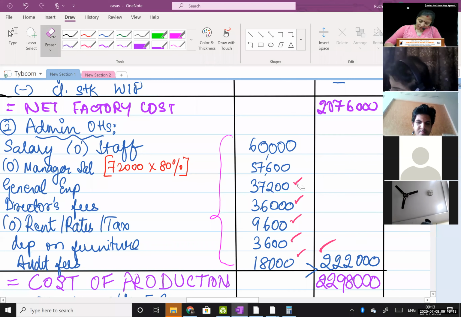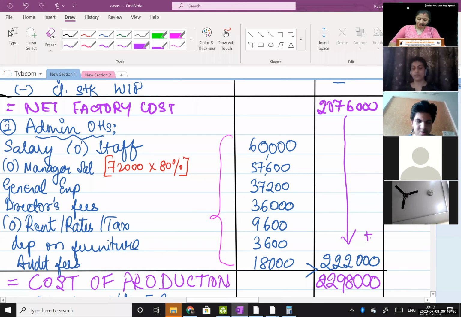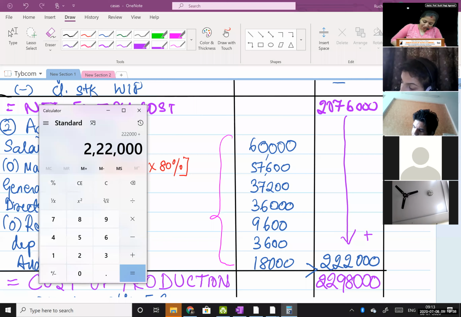Now you have taken the total in the outer column, right? Now you will have to total the outer column also, with the previous total. So what is my previous total? My previous total is net factory cost, 20,76,000. Now add this 2,22,000 plus my previous total 20,76,000.